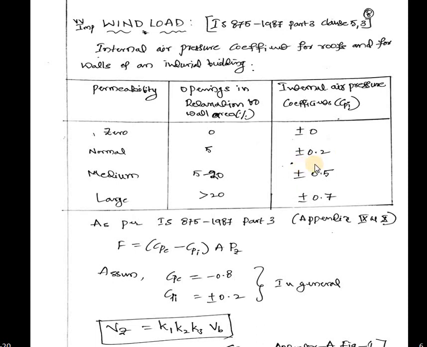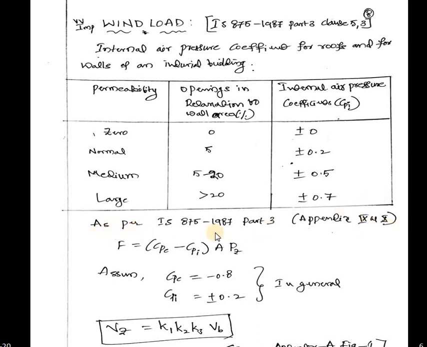Plus or minus is nothing but left or right direction, left to right or right to left. Next, 5 to 20% means medium, and that coefficient is plus or minus 0.5. Large means greater than 20%, and that value is plus or minus 0.7. Now this is as per IS 875 part 3 appendix 9 and 10.